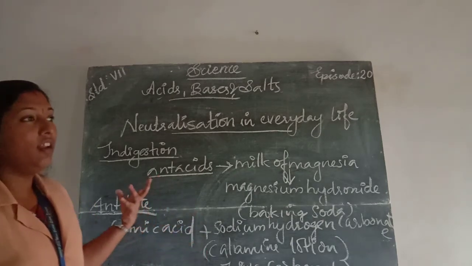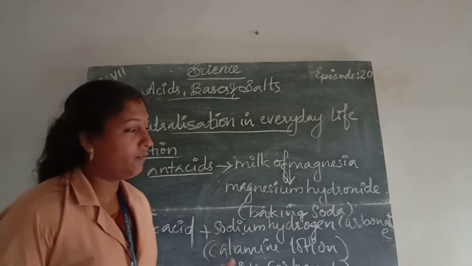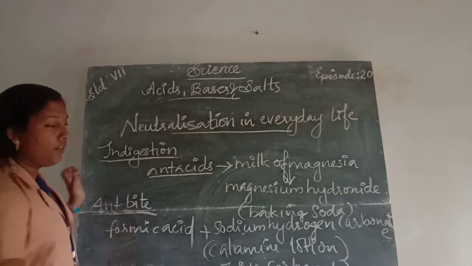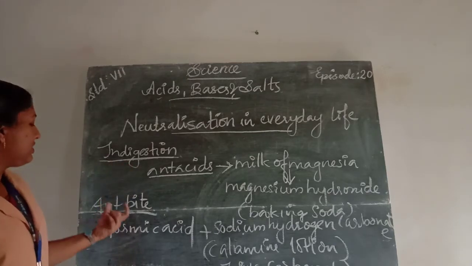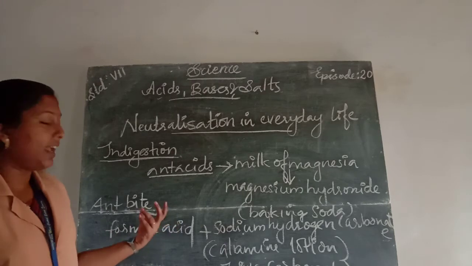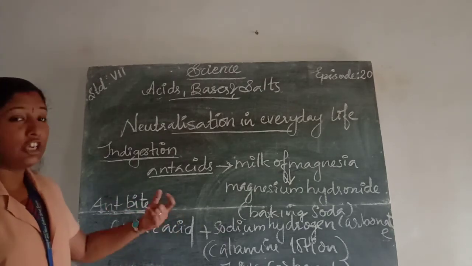So we get a better feel. Okay, all of you understood? If an ant bites a person, it injects formic acid into the skin.